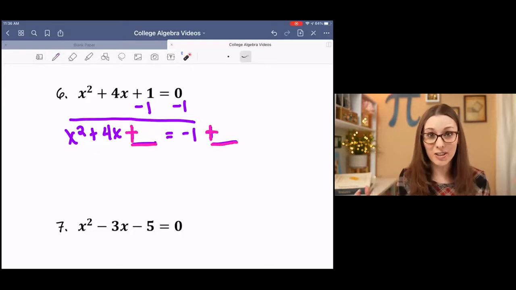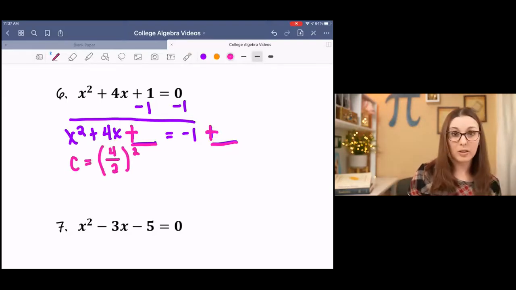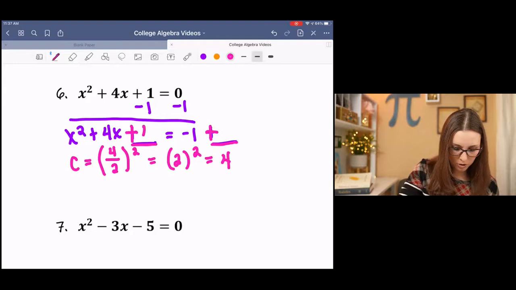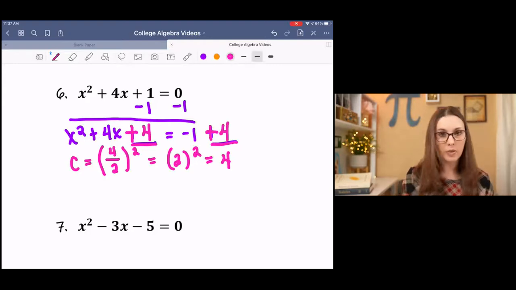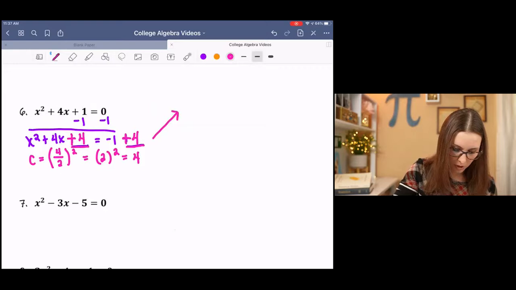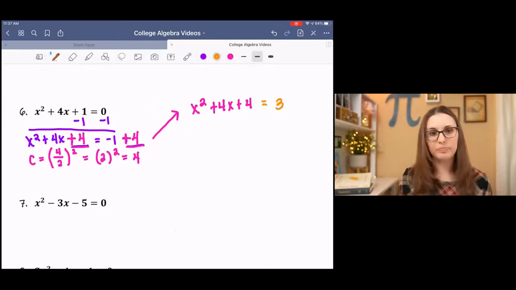And we just learned how to do it. So now we can. We know that C is b over 2 squared. 4 over 2 is 2. Squared is 4. So now I have a trinomial, a perfect square trinomial, because I made it that way, set equal to -1 plus 4 is 3.